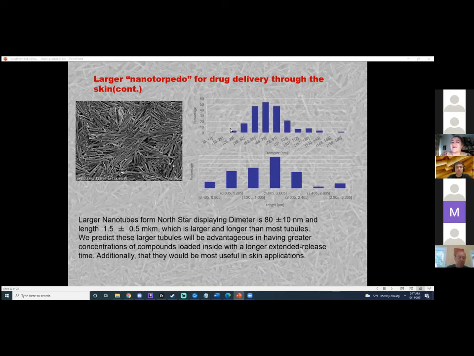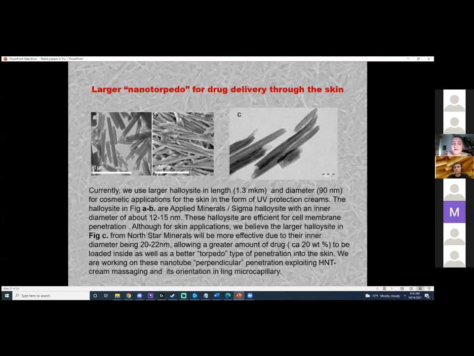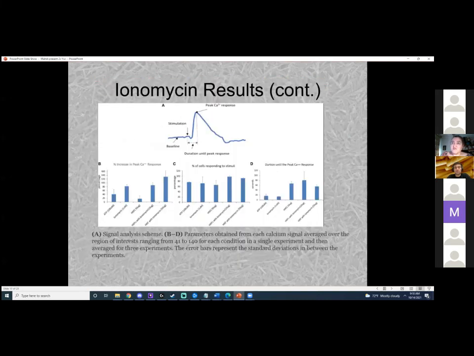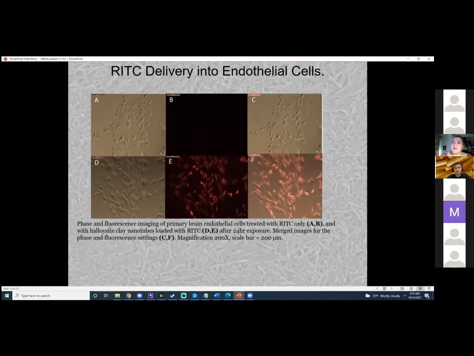For instance, with gold nanoparticles or iron oxide nanoparticles, they put some specific functions on the external surface of the particle to drive the interaction with the cells. But I do not see how you intend for the clay to go inside the cell. So are you asking about these types of results here that I'm showing?